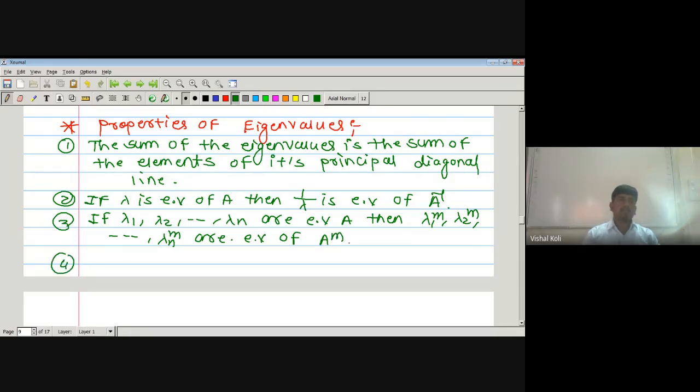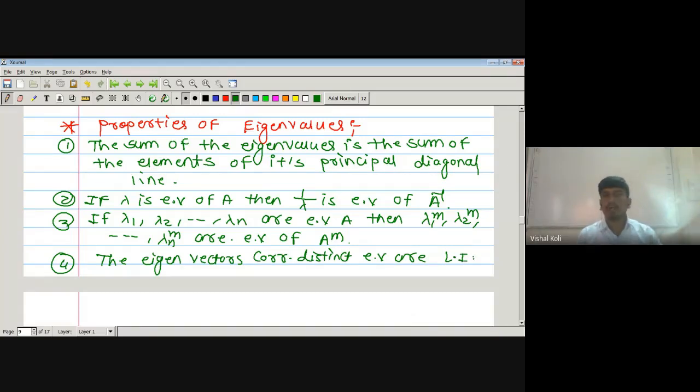And the last property will be the eigenvectors corresponding to distinct eigenvalues are linearly independent, since they are not multiples of each other.